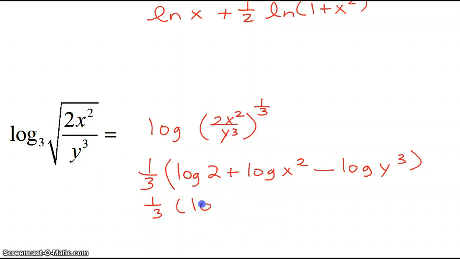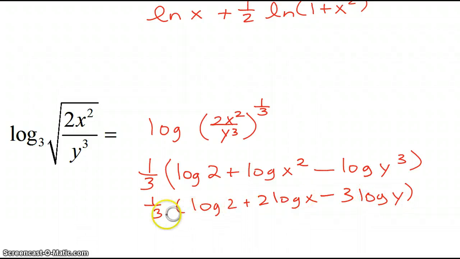So 1/3 log of 2 plus 2 log of x minus 3 log of y. And I could leave my answer like that, or I could distribute the 1/3 and get 1/3 log of 2 plus 2/3 log of x minus the log of y.